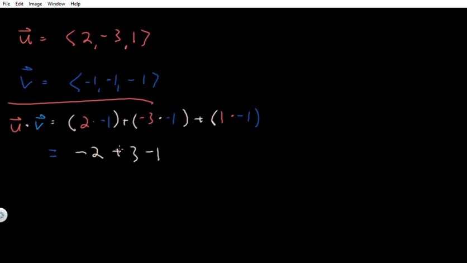So what do I get here? I get a positive 1 minus 1, and I get a dot product of 0.